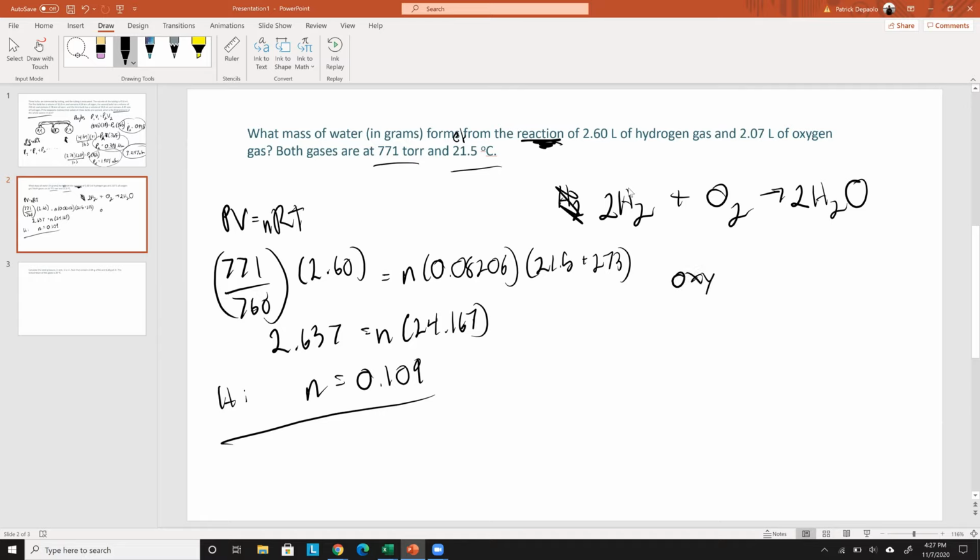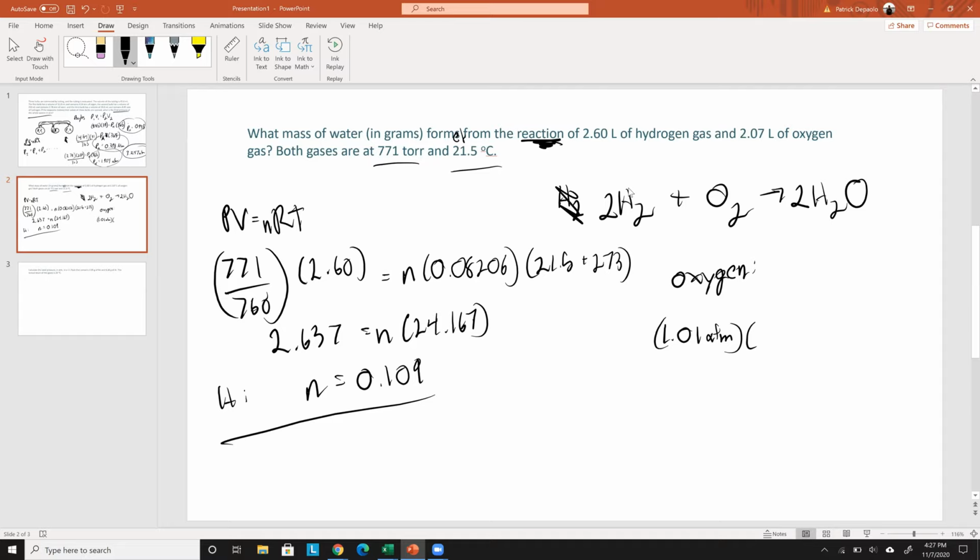So for oxygen, we're going to do the same thing. So we have, again, 771. So let's just convert this right here. 771 divided by 760 is 1.01 ATM.